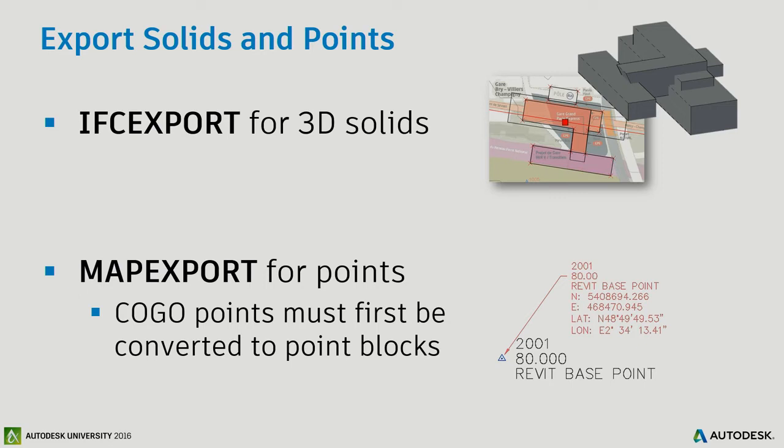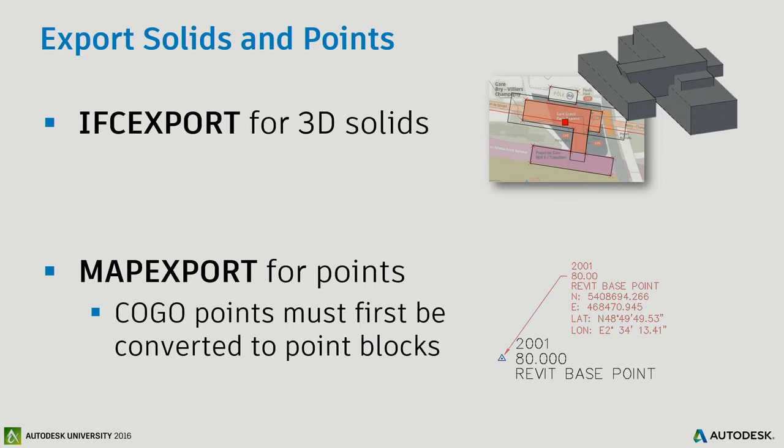That's the command in Civil 3D that will give 3D solids for use in other applications. Okay, the IFC. What does IFC stand for? Anyone know? Industry Foundation Class. Okay, excellent. It has to be a 3D solid for that to work. It won't work on lines and things, okay?